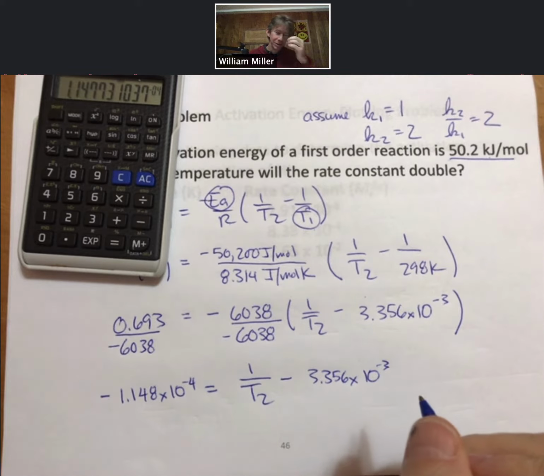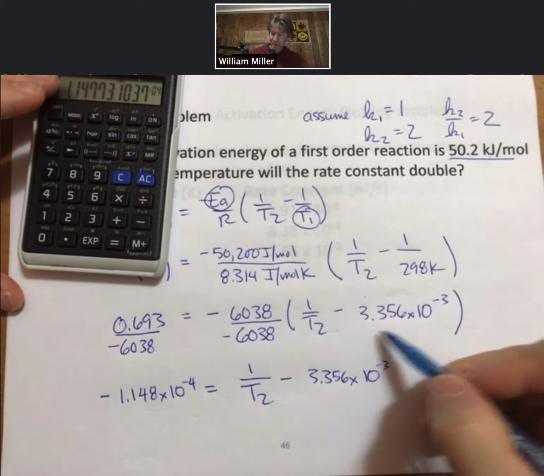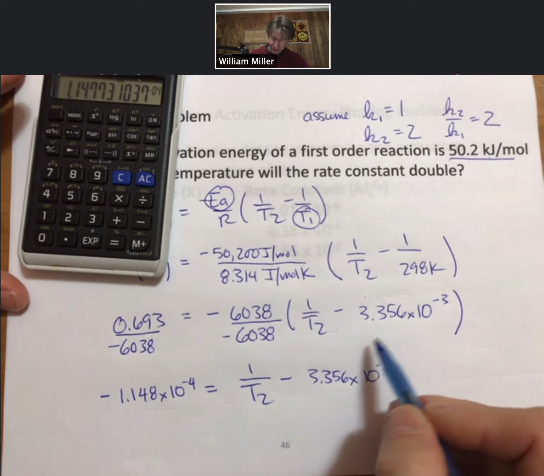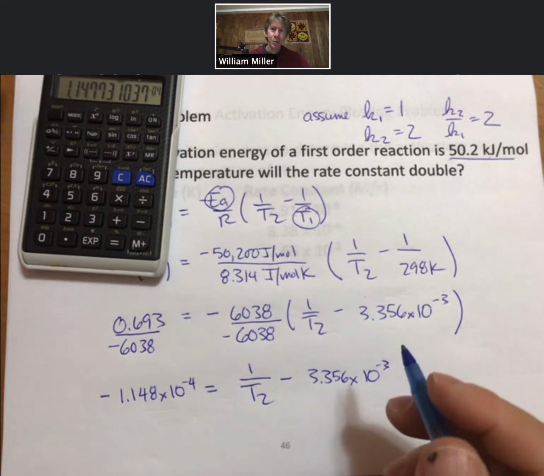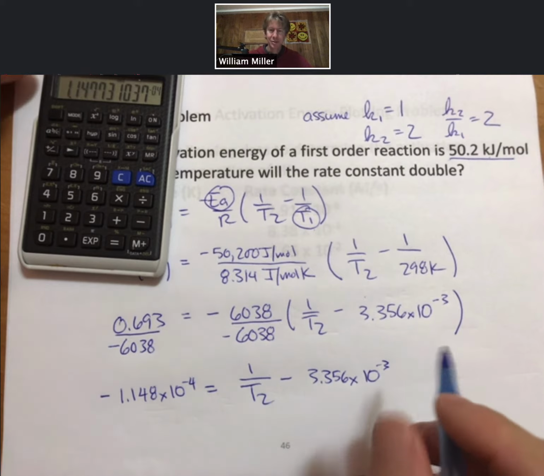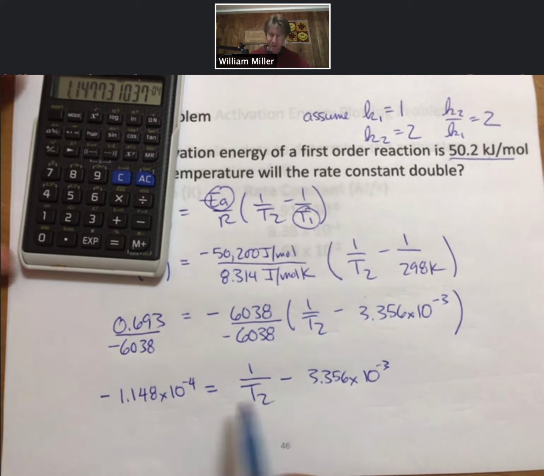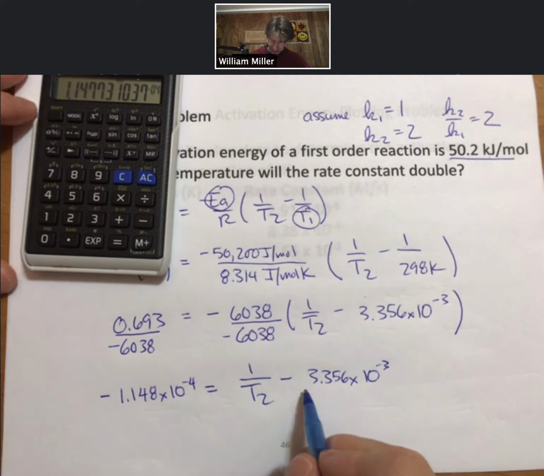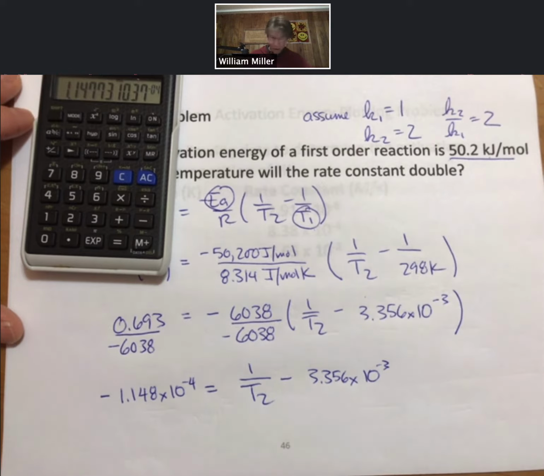So I do get a little nervous with these small numbers, so that's why I've kept an extra sig fig. And we're doing subtraction here. So I will end up getting back to 3 sig figs for my final answer, but I want to make sure that not too much cancels out here when I do the subtraction. Let's see. So far, so good. Now I'm going to add.